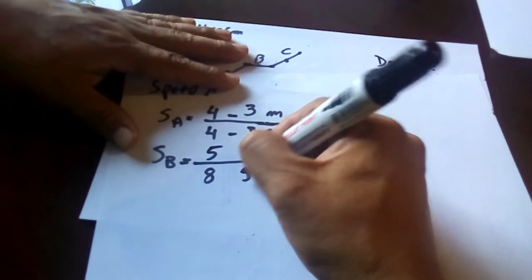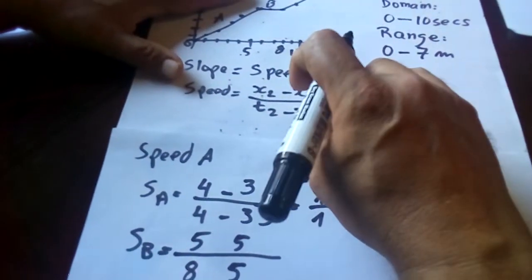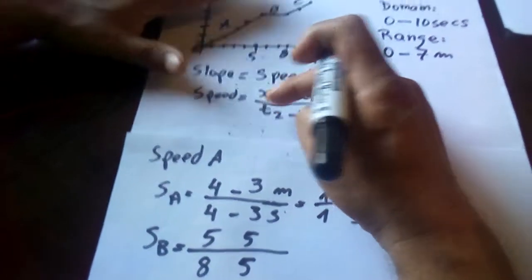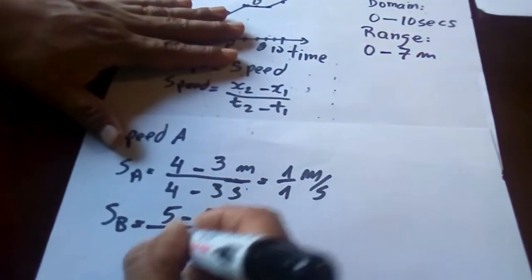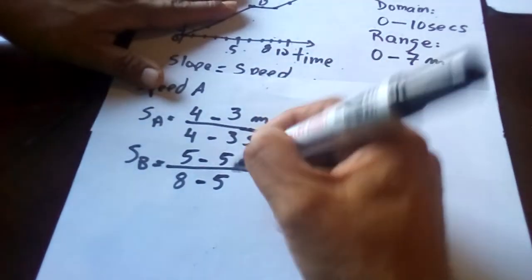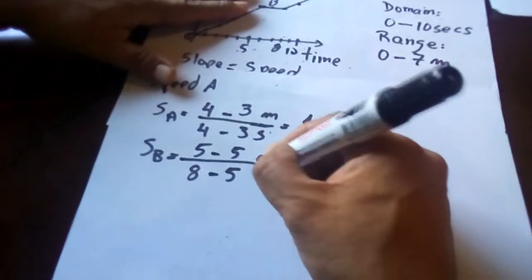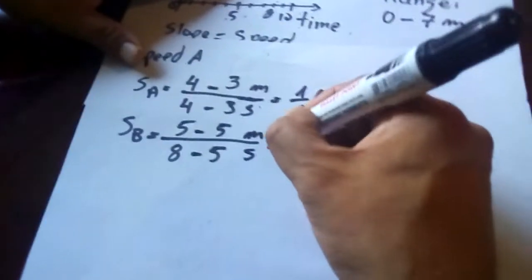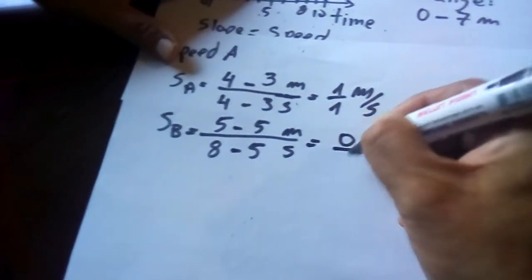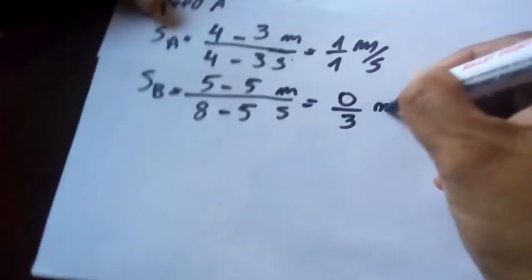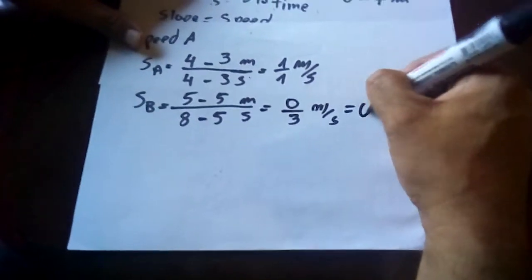Notice that I start with x1 from the formula, t1, and then I go x2, t2, and always x, or distance, on the top, and time on the bottom. And in this case, I get 0 over 3 meters per second, which is simply 0.